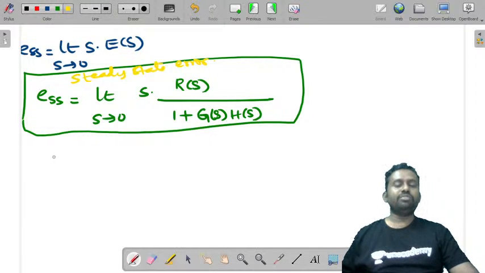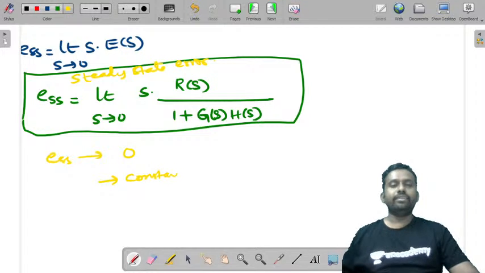Now we have to see some of the constants. This steady state error can be a zero value, or can be a constant, and can be infinity. And this depends basically upon the type of the system.